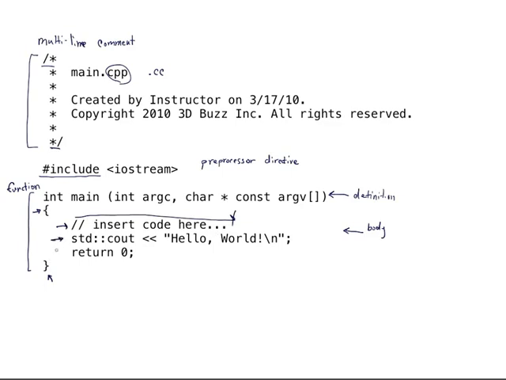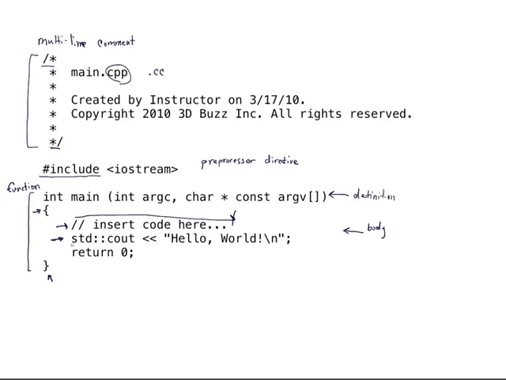This next line is what does the interesting work of this program. If you actually were to run this program from a command window, what you would see is hello, world, exclamation point, output to your console. And so the magic of that happens with this line right here.